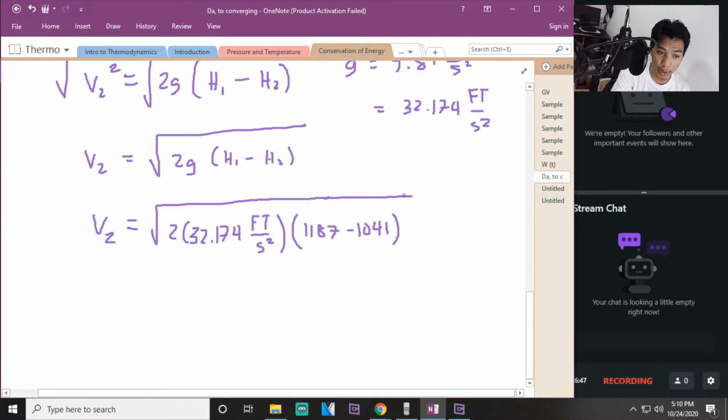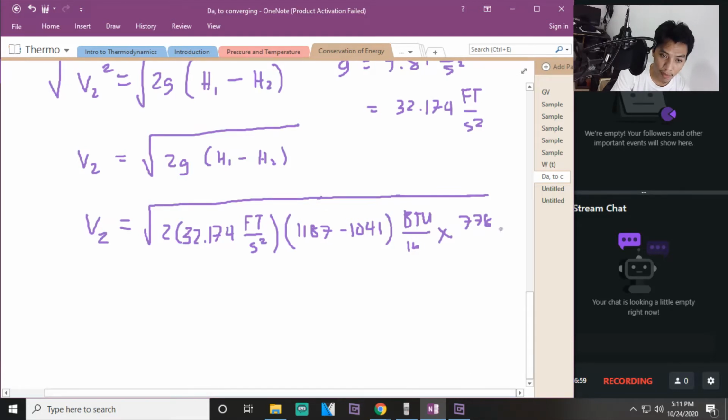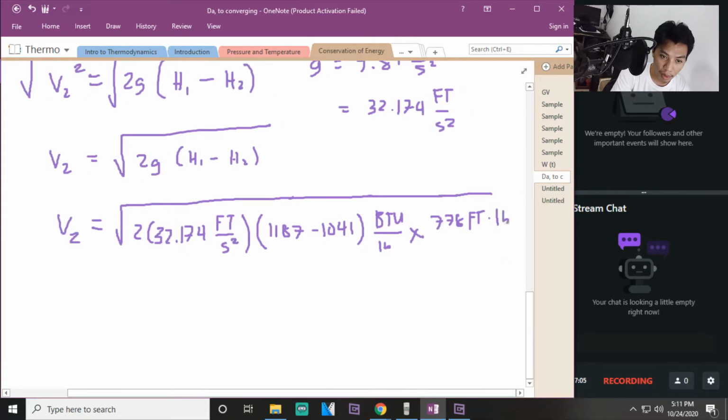Kaya lang, anong unit nila? Ang unit is BTU per pound. So, you have to multiply it by the conversion factor na 778 feet-pound per BTU. Yun. So, cancel na to. Cancel yung pound, cancel yung pound. So, feet squared, second squared ng unit.